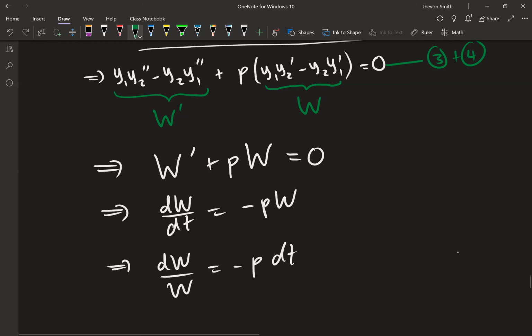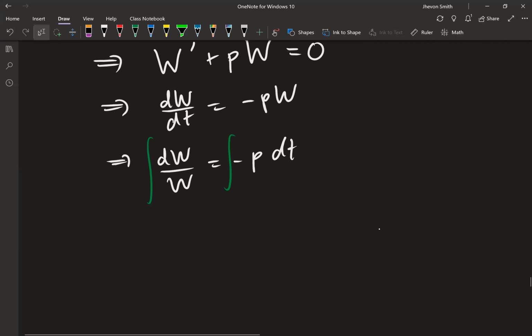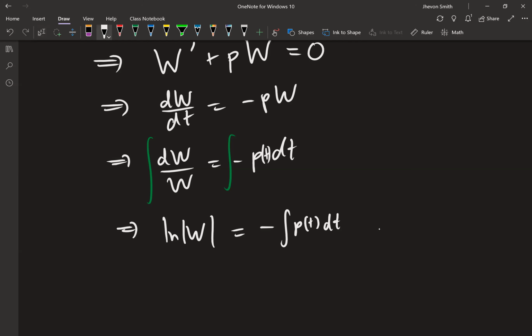I can integrate both sides. So now I get ln of W is equal to, well, p is a function, so I don't really know what the integral is going to be, but it's going to be minus the integral of p of t dt, whatever that is. And then I can solve for W, and I would get a constant times e to the minus integral of p.